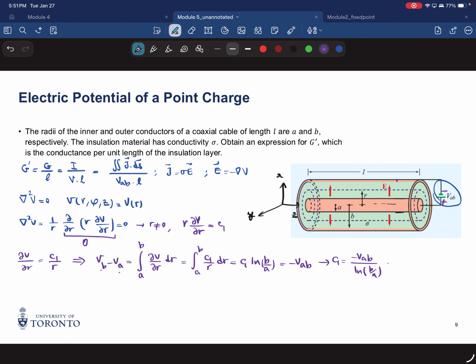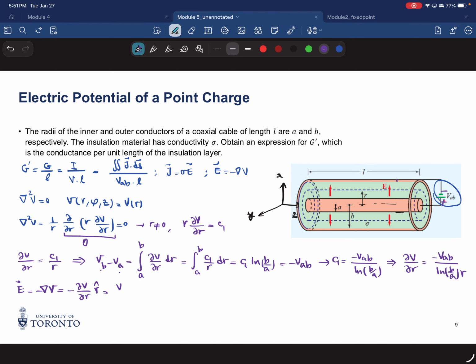So we just found that dv/dr is C1 over r, which is minus VAB over ln B over A multiplied by r. Since V is only a function of r, then E is minus gradient of V, which is minus dV/dr, r hat.